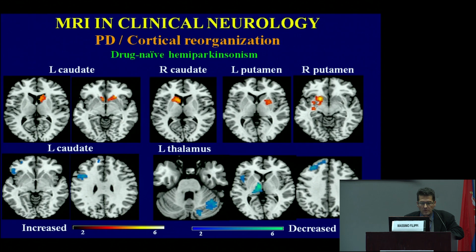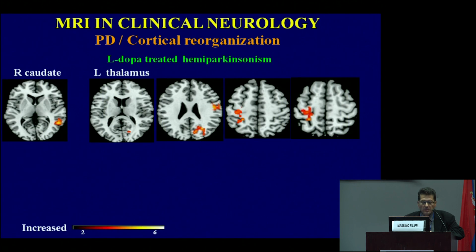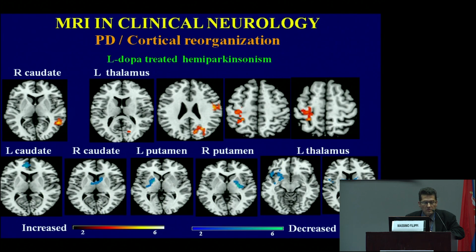We had the luck to have also some patients in the same phase of the disease, but who were treated with levodopa, and this is what you can see. Levodopa is able to reverse the situation completely, so the outflow to the cortex increases, and there is an increase in the connectivity which was reduced among the different deep gray matter nuclei.